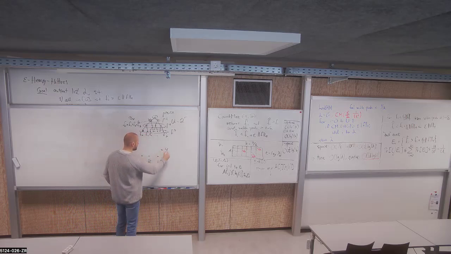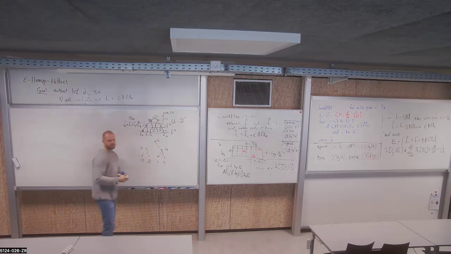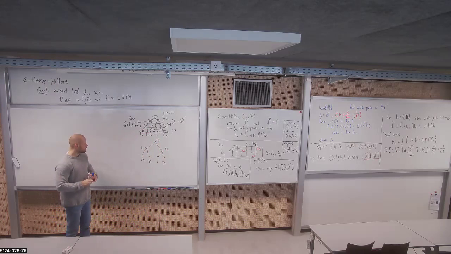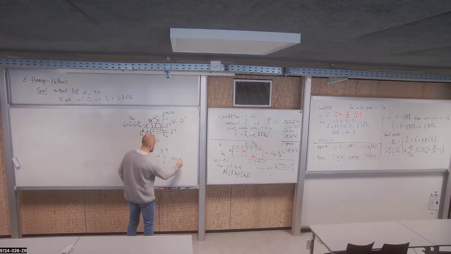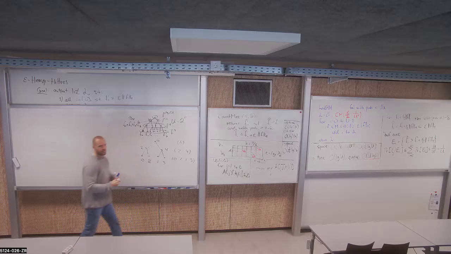And this would have a frequency of 2, this would have a frequency of 4, and this would have a frequency of 6. So the first frequency vector is the vector 0, 2, 1, 3. This is the vector 2, 4, and this is the vector 6.